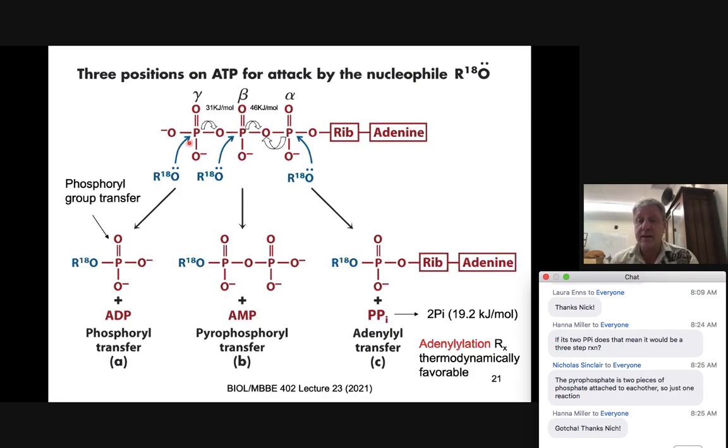In this case, we can access various energies sequentially or all in one go, or make a choice when we want to further degrade PPi, the pyrophosphate, to give us that additional energy boost.